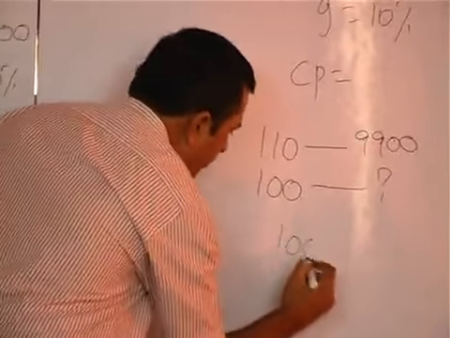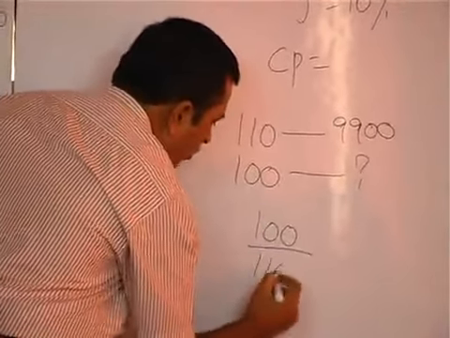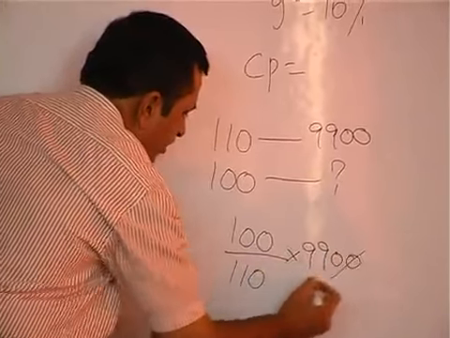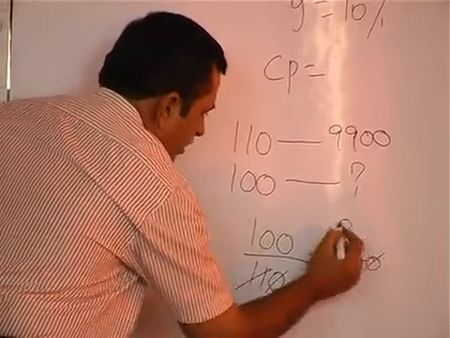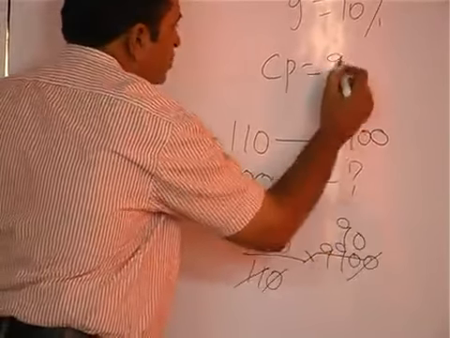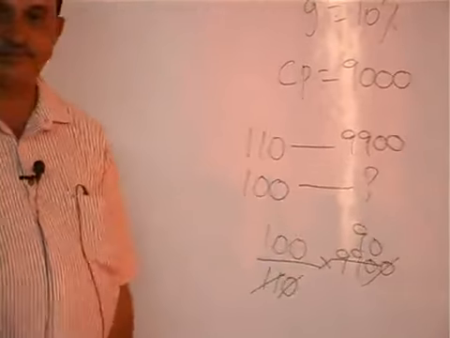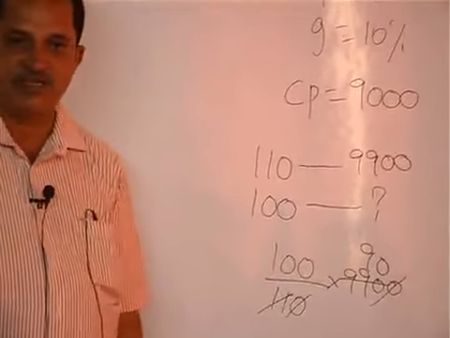Less by 110 into 9,900 gives 9,000. So the cost price is 9,000.